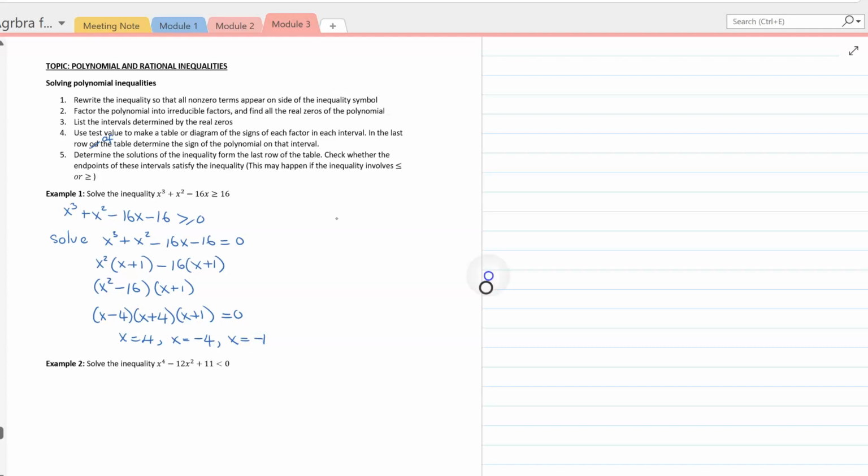Okay. So now we will make the table that contains the real zeros and the intervals. The intervals we're looking at are from negative infinity to negative 4, negative 4 to negative 1, negative 1 to 4, and from 4 to infinity.